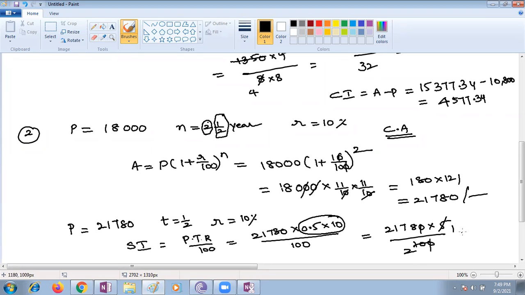And then we just make it as 2178 by 2. Half of 2178, how much? It is 1,089.